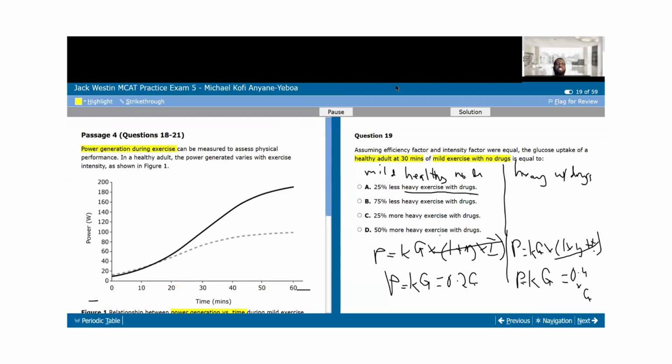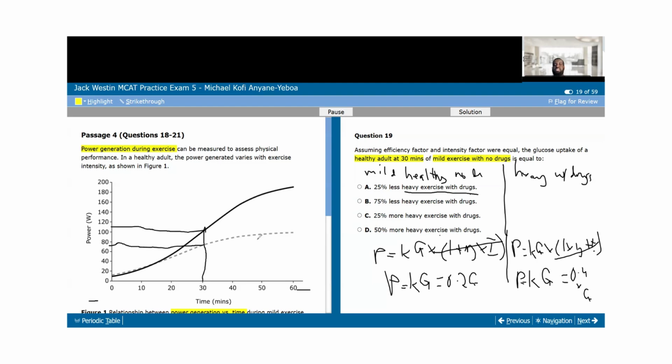To be honest, I've not seen most MCAT questions having you draw lines on a graph to detect, but they definitely want you to estimate, right? Or guesstimate. So I'm going to just draw this line as straight as possible. And it's like 110, maybe even 100, but let's go with 110, right? That's for heavy exercise. And for mild, we'll go with like a 70, right?